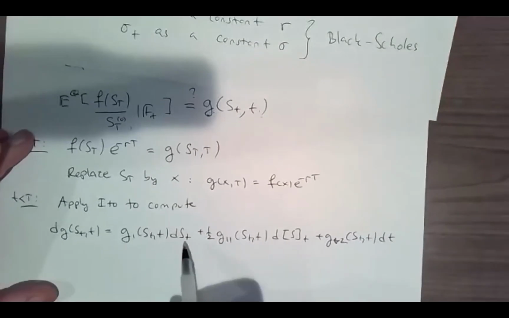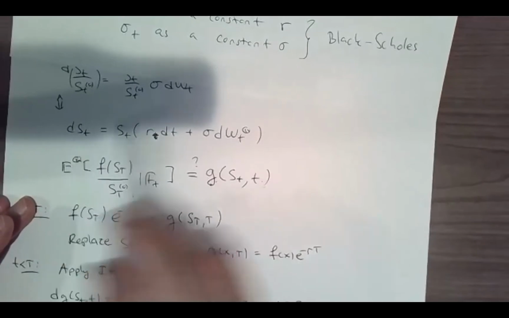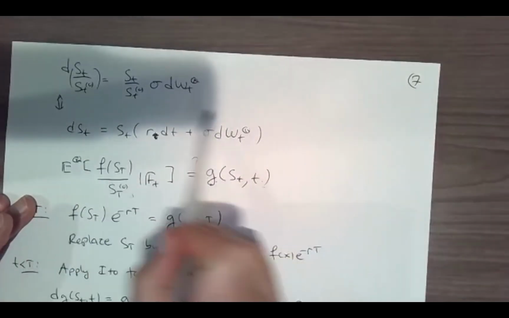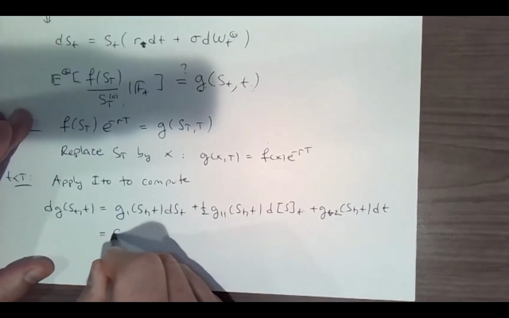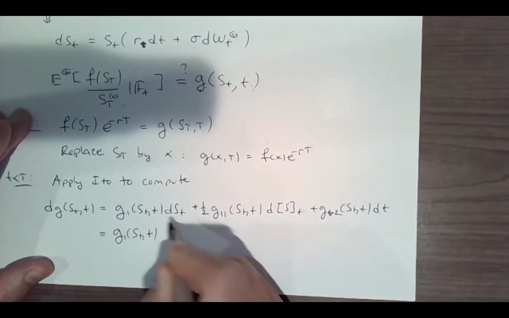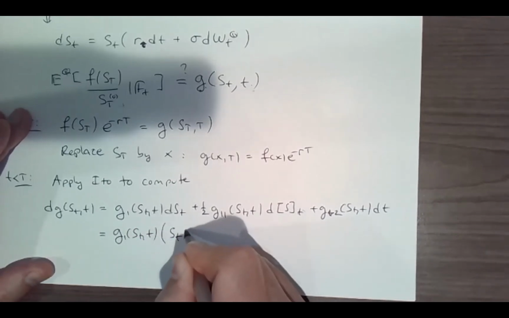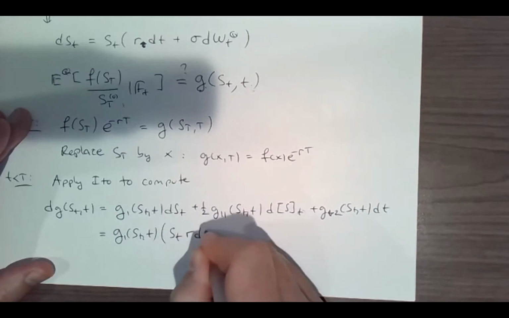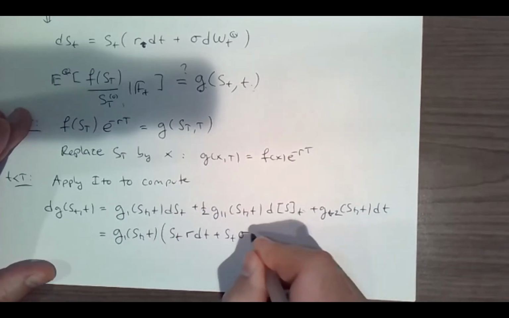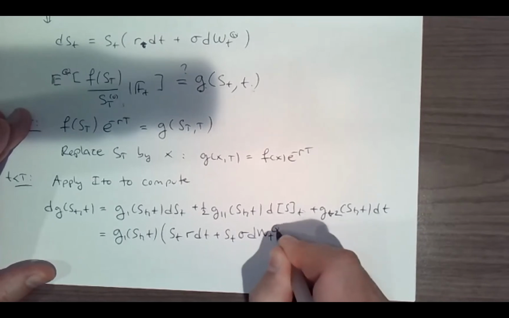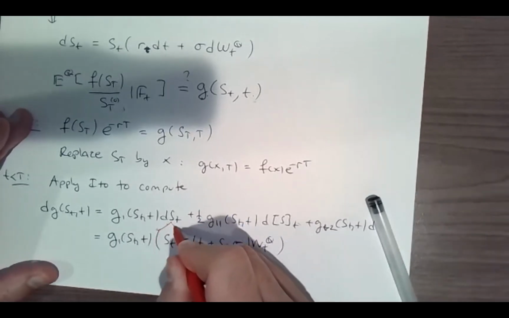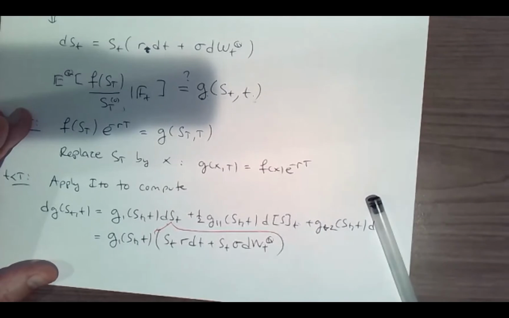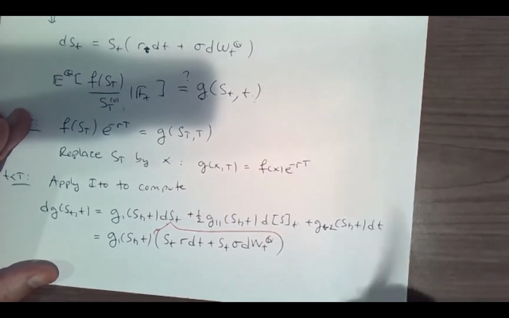And then I can plug in what the dynamics are for S and the quadratic variation. So I need to look at my dS up here. I'll take this long expression and copy it into S's place down here. It'll be g1 of S_t and t, and then inside here I'll have S_t r dt plus S_t sigma dW_t^Q. That was my S. Now two more terms.